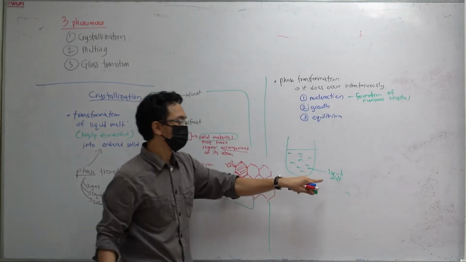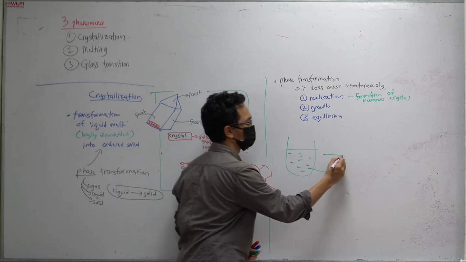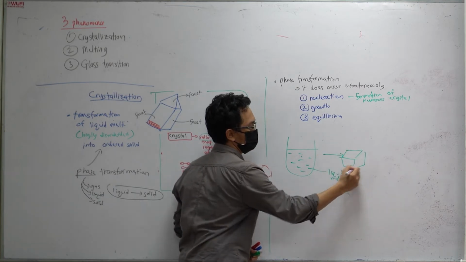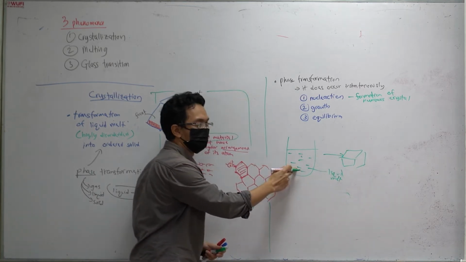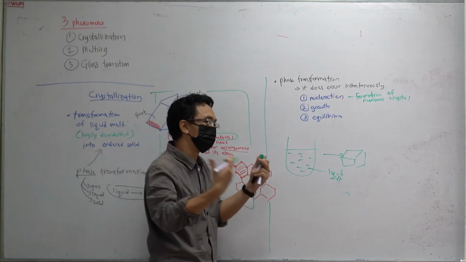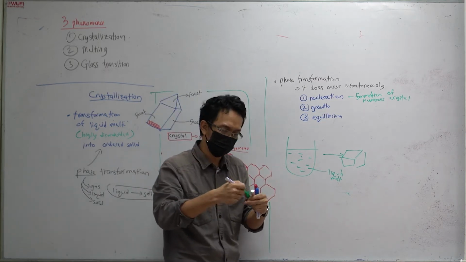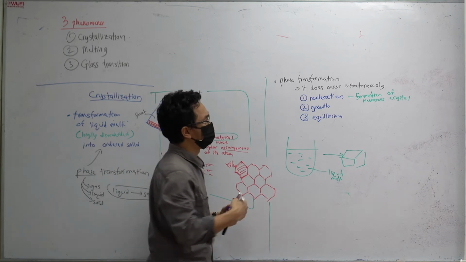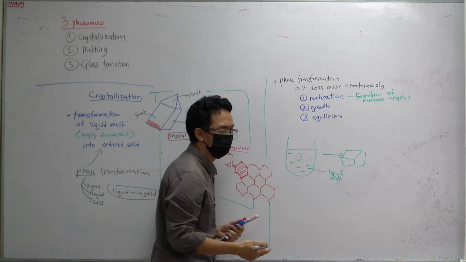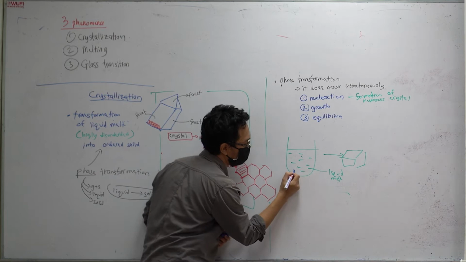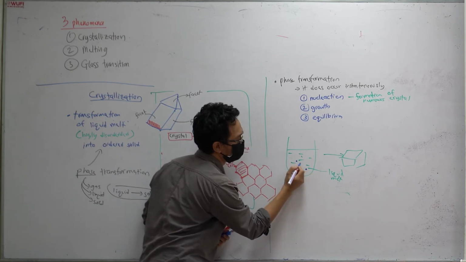In order to transform this into solid, this thing will need to crystallize. But the crystallization doesn't happen in just a blink of an eye. What happens first, they need to undergo this nucleation. Nucleation basically, suddenly there are small crystals.